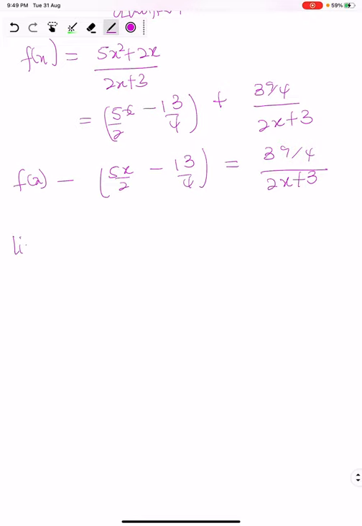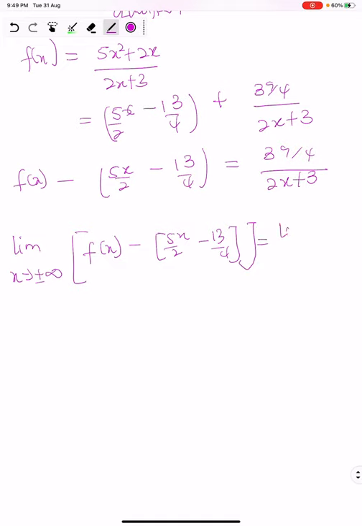So the limit as x approaches positive and negative infinity of f of x minus (5x over 2 minus 13 over 4) is the same as the limit as x approaches both positive and negative infinity of (39 over 4) divided by (2x plus 3).